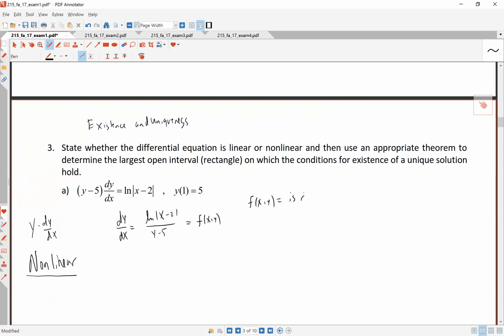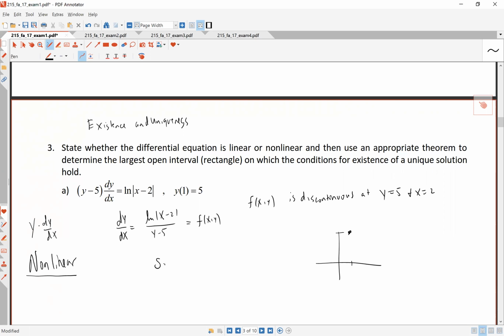And we want to know the conditions for existence of a unique solution, or the largest open interval, or rectangle in the case of a nonlinear equation. We're looking for a rectangle that contains the point 1 comma 5 where f of x,y is continuous.